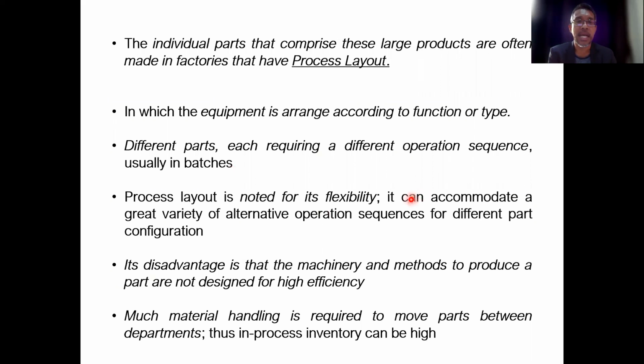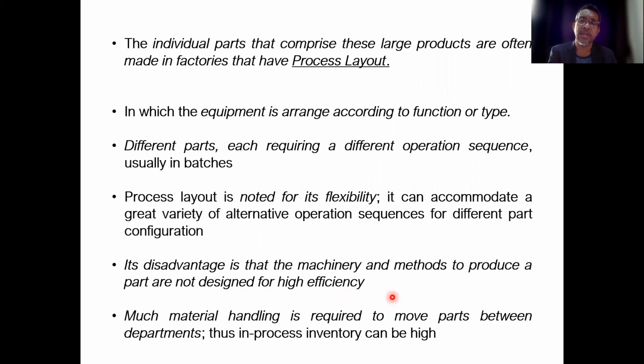And then process layout is for flexibility. It can accommodate a great variety of alternative operation sequences for different part configurations. The disadvantage is that the machinery and methods to produce the part are not designed for high efficiency.